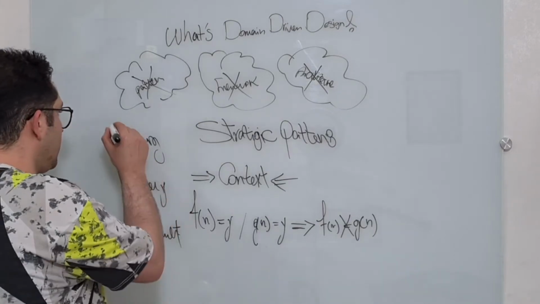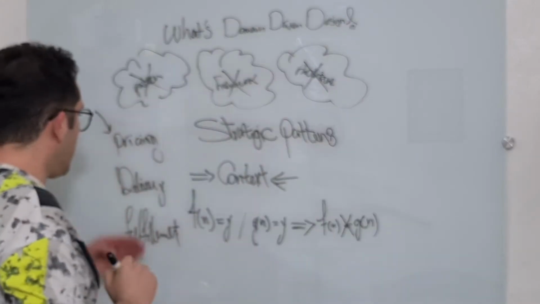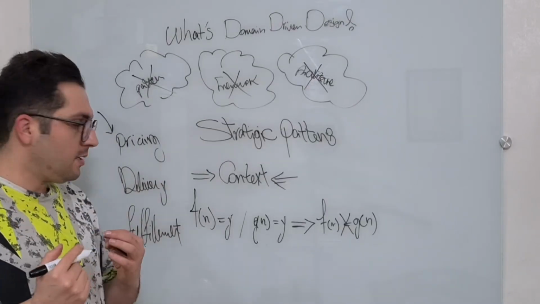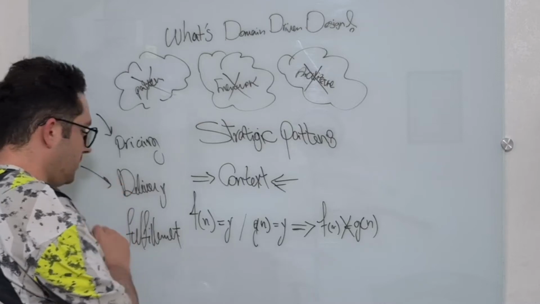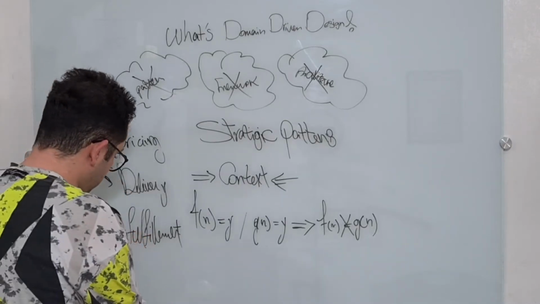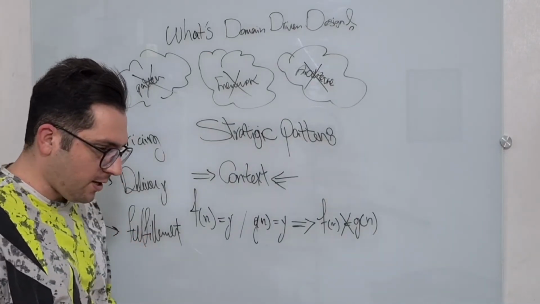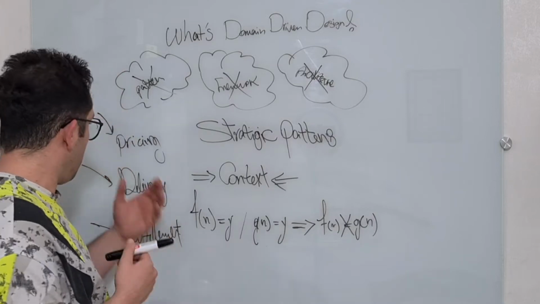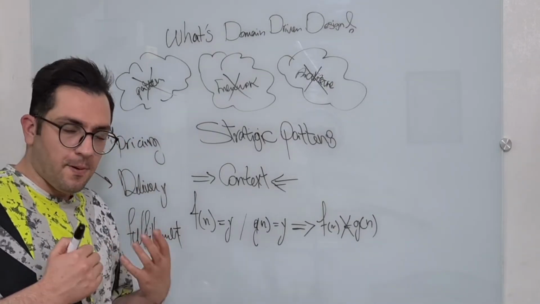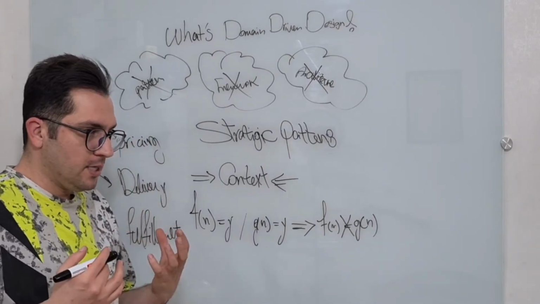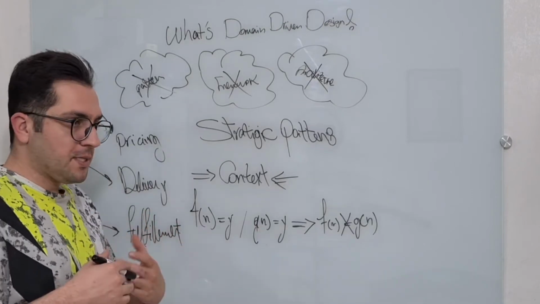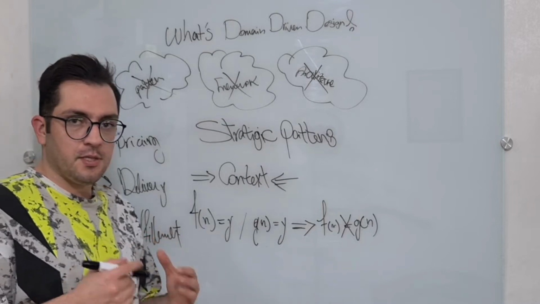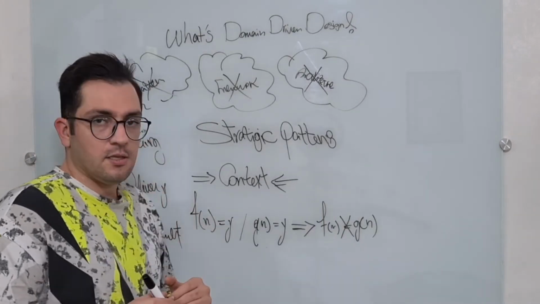A product in pricing has a different meaning in the delivery department and in the fulfillment center department. Why? Because in the pricing department, a product's price is important. The calculation of price is important. Some characteristics of the product are important related to pricing.